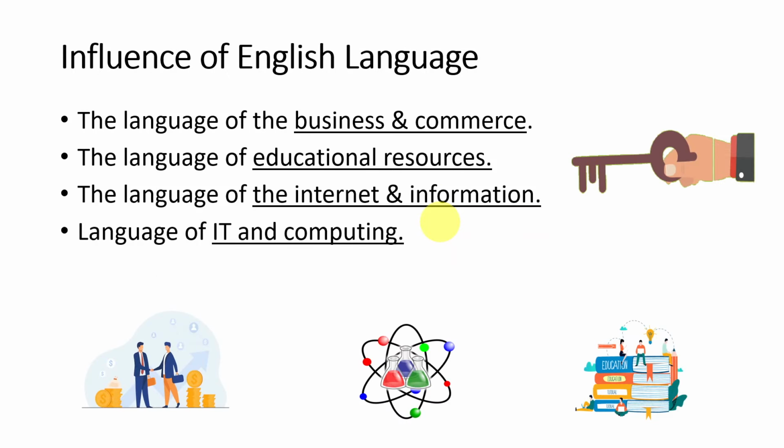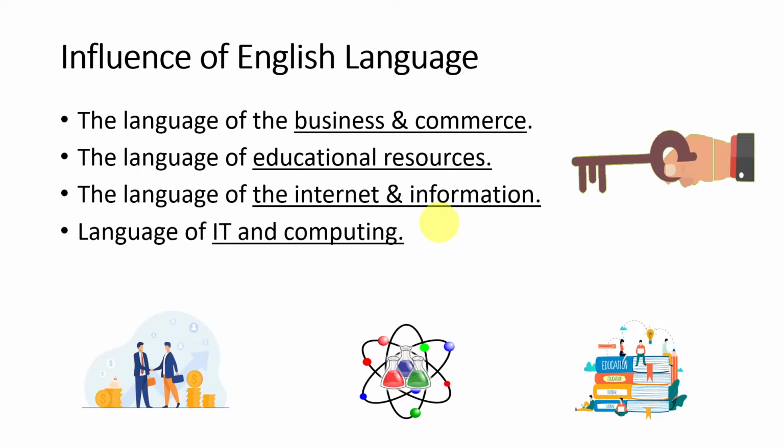So English has dominated key areas, business and commerce, and educational resources, and we all know that the enlightenment pretty much occurred in Britain. The industrialization started in Britain. So therefore they have dominated the fields of education, science, and technology. So therefore a lot of first-hand resources are in the English language.